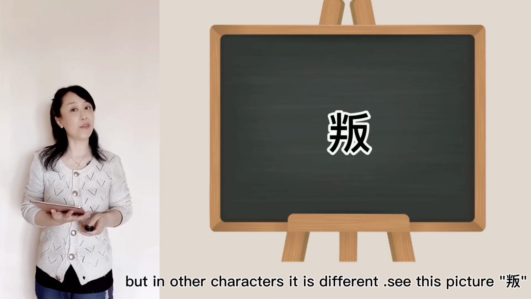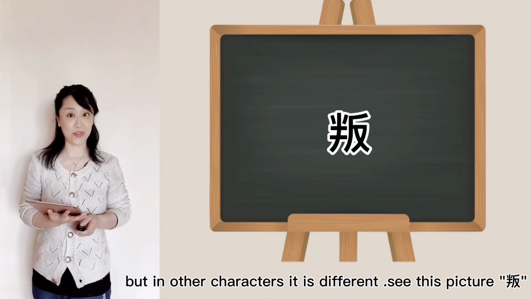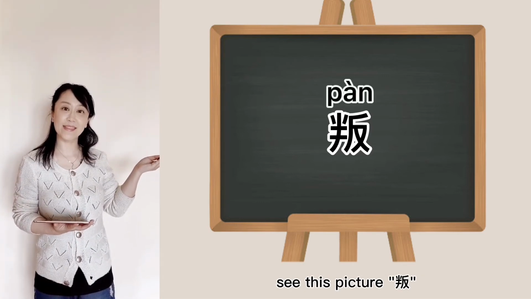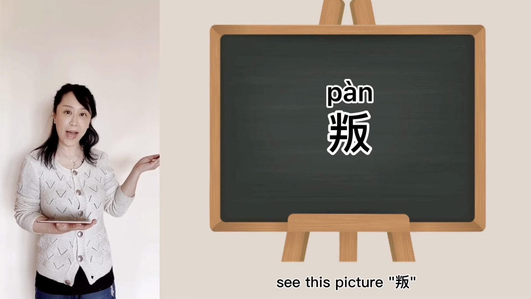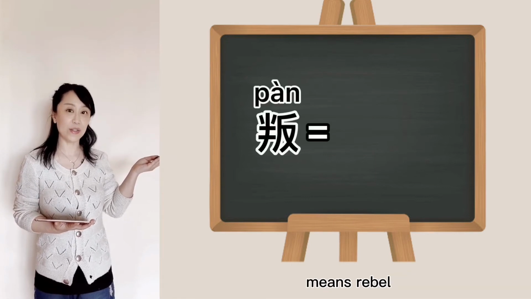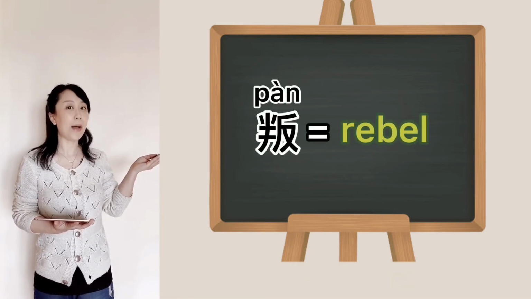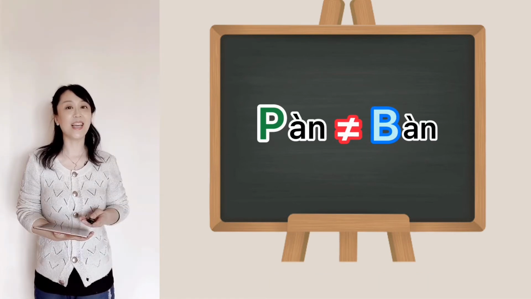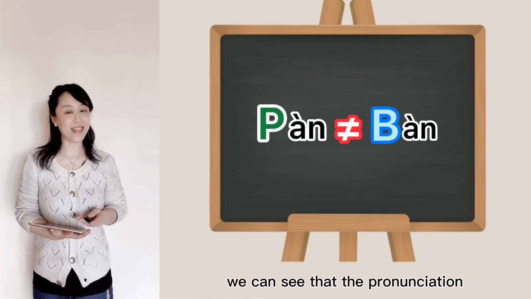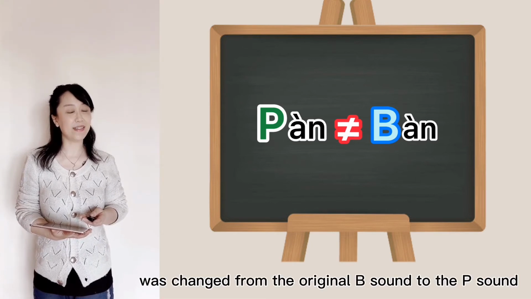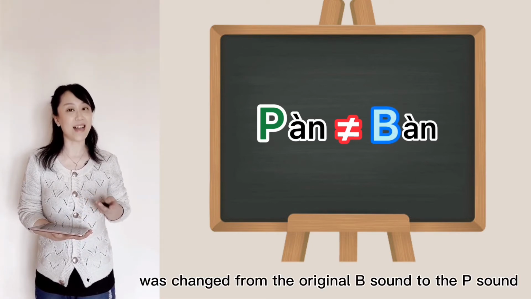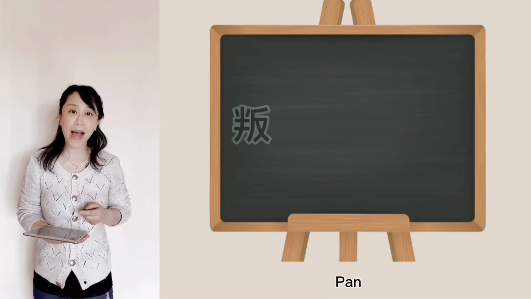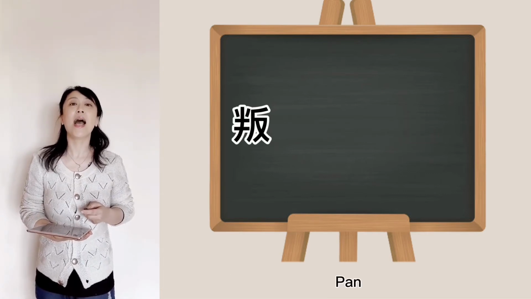But for other characters, it's different. See this picture. Pan means rebel. Pan is different from ban. We can say that pronunciation was changed from the b sound to the p sound.